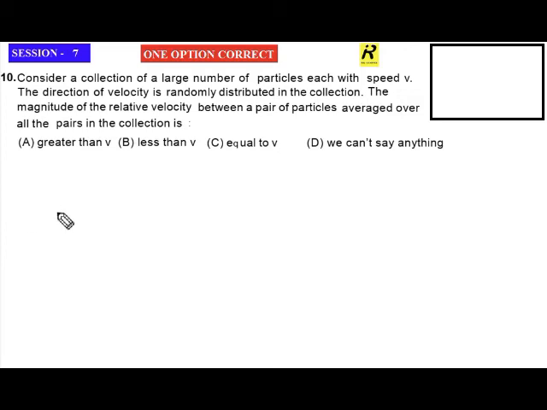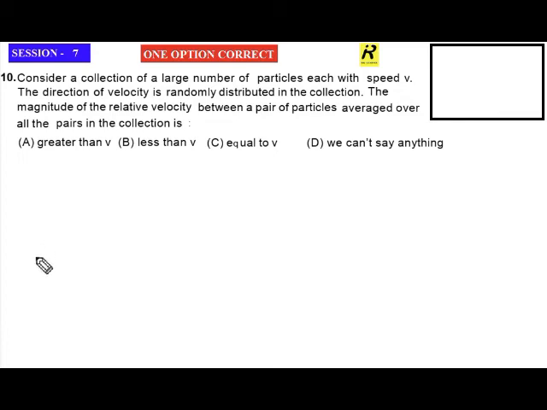So I can make use of the cosine rule for this situation, which gives the square of the magnitude of the relative velocity between the two particles A and B as VA square plus VB square minus 2 VA VB cos theta, where theta is the angle between the two vectors VA and VB.